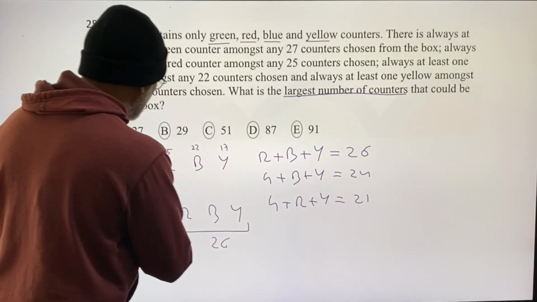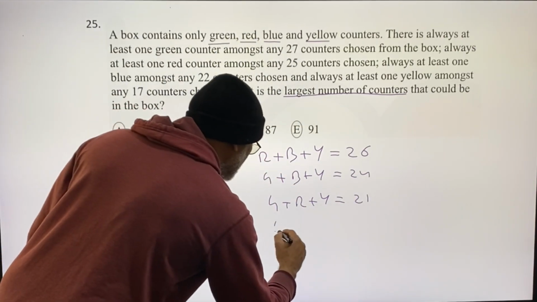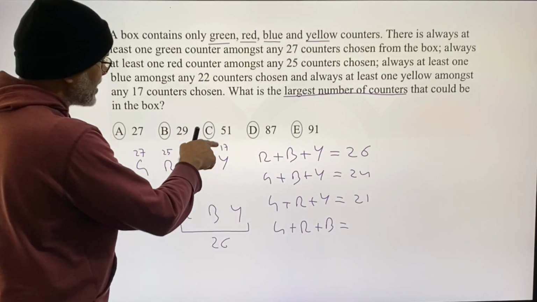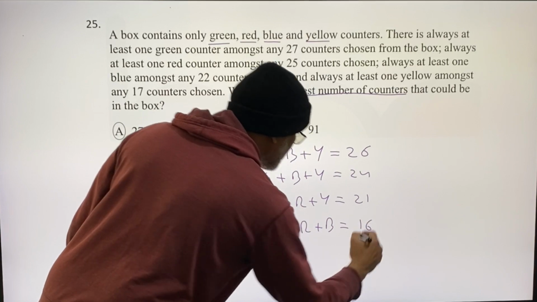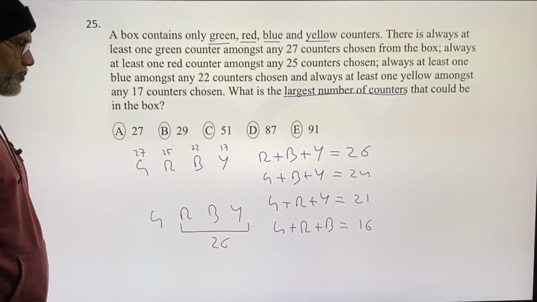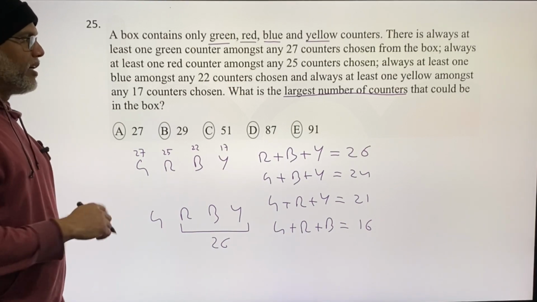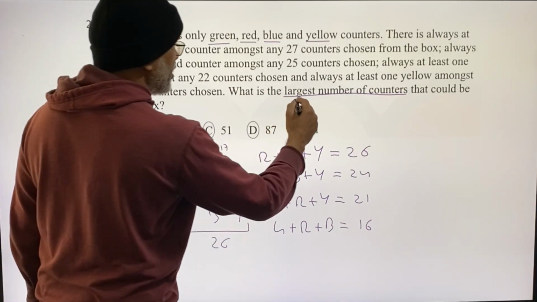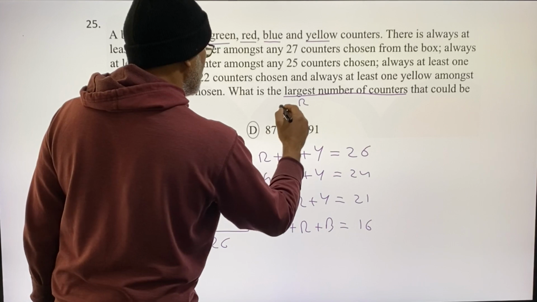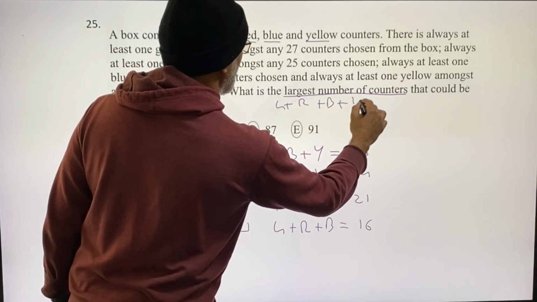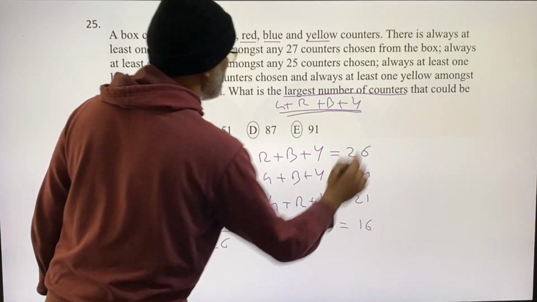Similarly for Y, G plus R plus B has to be 1 less than 17, which is 16, right? All right. And I need to find the largest number of counters, so we need to find G plus R plus B plus Y. We need to find the value of that.